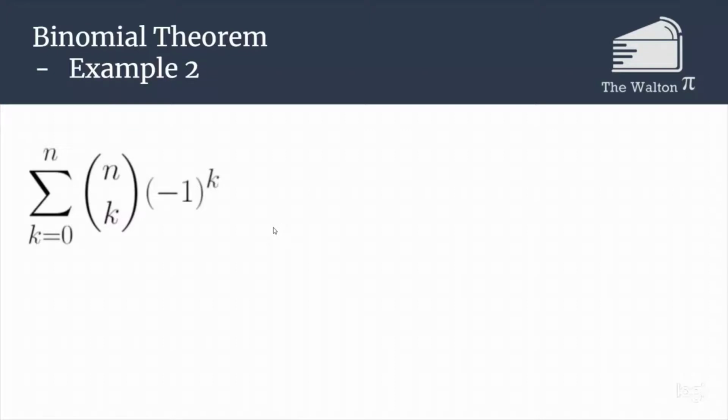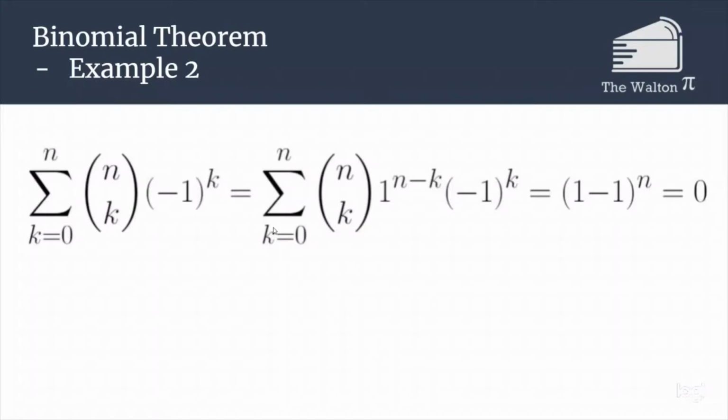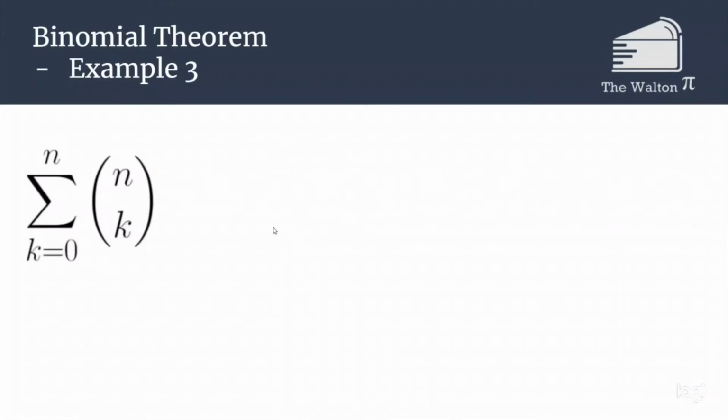And 1 to any exponent is still going to be 1, so we can multiply this entire sum, specifically the inside part, by a 1 to the n minus k, which then allows us to write this out. It's going to be the same thing as (1 minus 1) raised to the n, which is just 0 to the n, or 0.